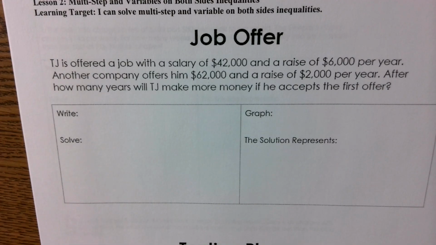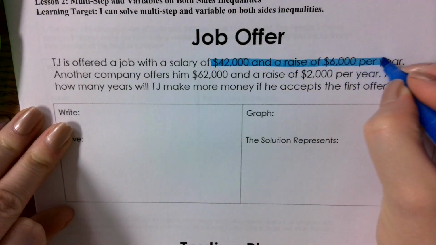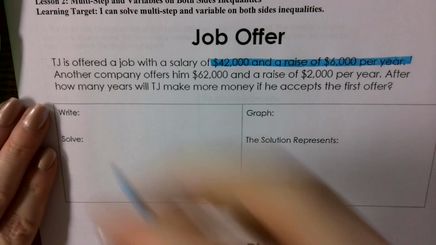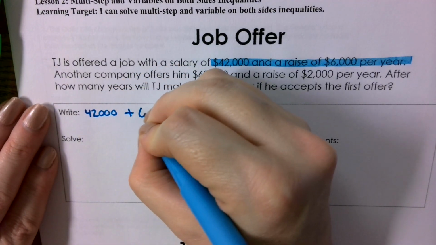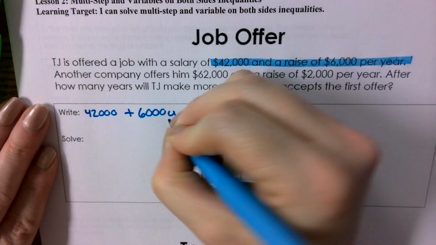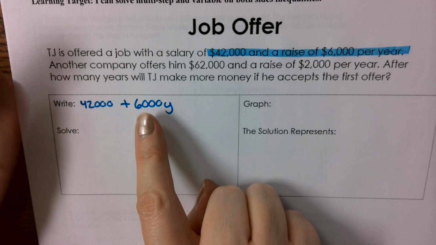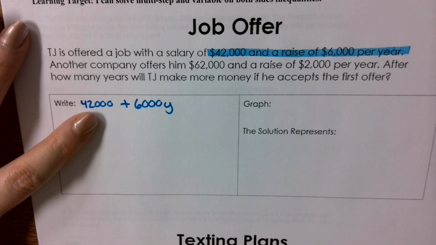So taking a look here, if we were to set up, the first offer is just giving us $42,000, plus they're going to give us a raise. Every single year you get another $6,000. Now we want to know, at what point is this going to be more?